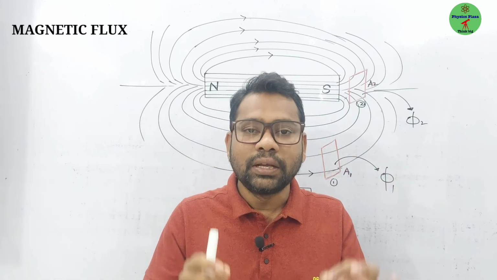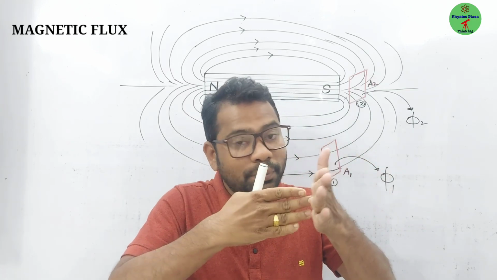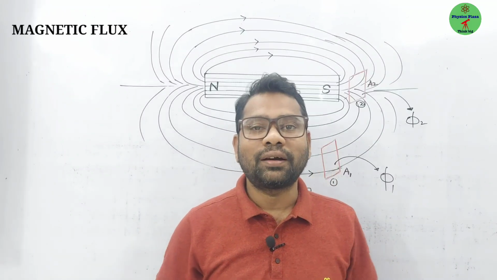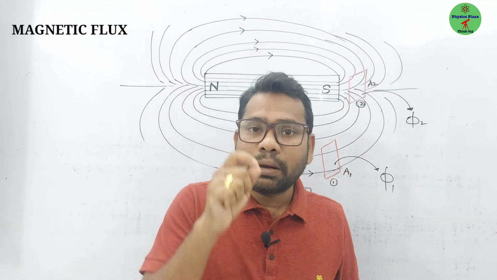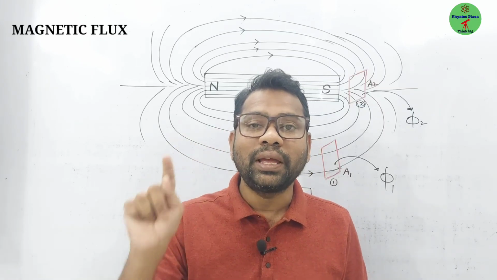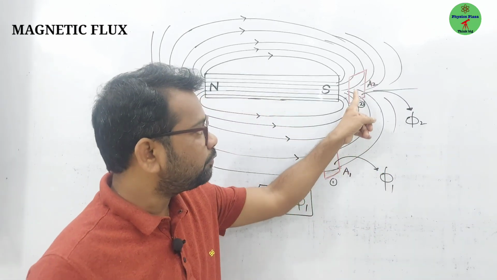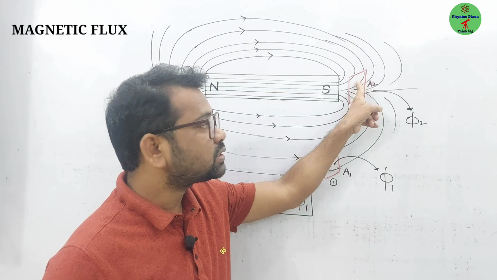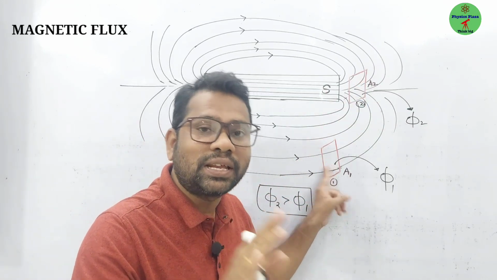I repeat once again, it is very important: the number of magnetic field lines passing per unit normal area is called magnetic flux. So here more field lines are passing, so magnetic flux is more. Here fewer field lines are passing, so magnetic flux is less.